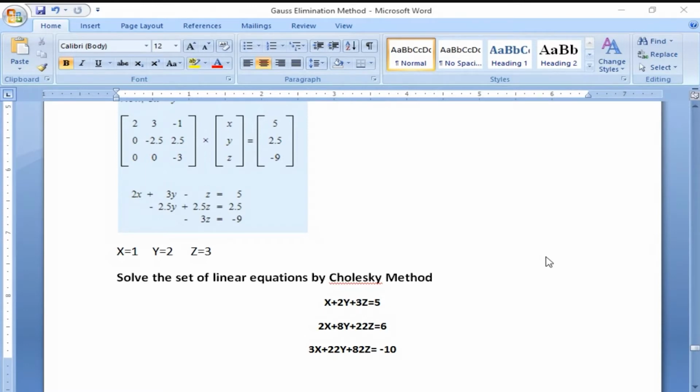In the second step, compare values with your augmented matrix, and just tell me the value of the unknown variables that you got in this step number 2.